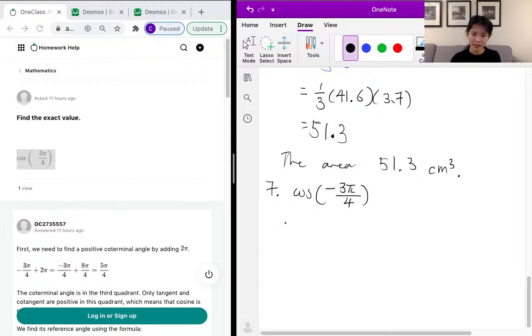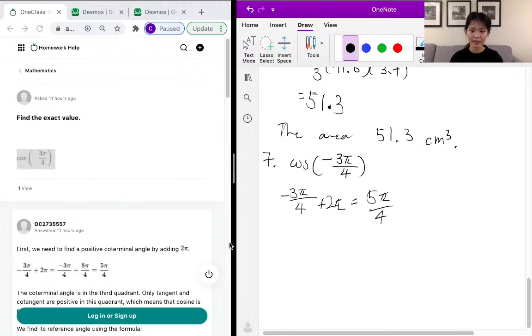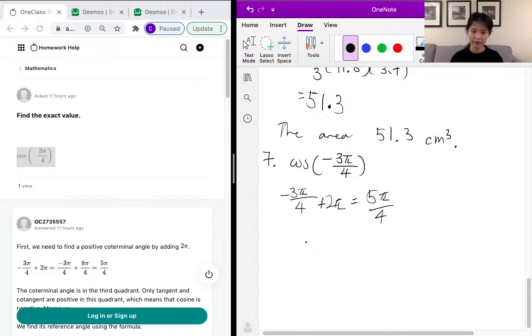But let's just add 2 pi, so negative 3 pi over 4 plus 2 pi, which is 8 pi over 4, is just 5 pi over 4. So we have 5 pi over 4 right over here as our coterminal angle. Next, we just find our reference angle, which is just pi over 4.